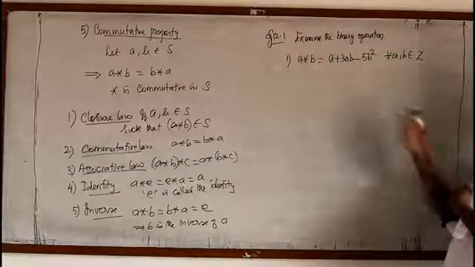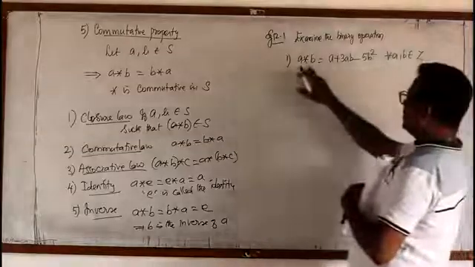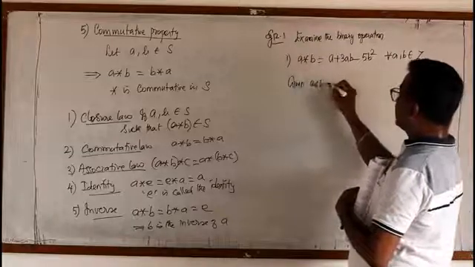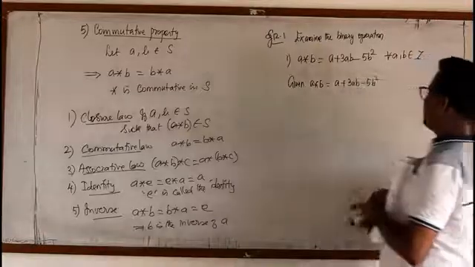Certainly we used to say when only the binary operation is well defined. Suppose I am taking A star B as A plus 3AB minus 5B square.